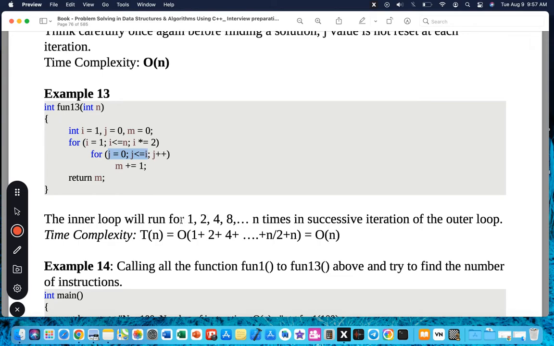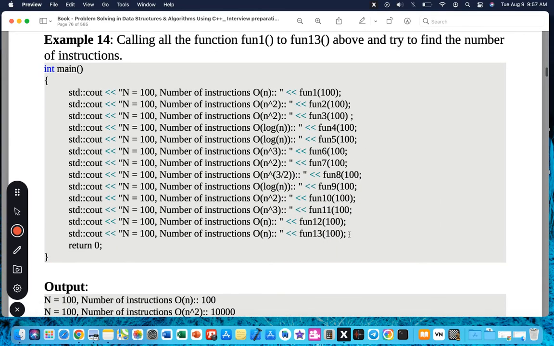The inner loop will run for 1, 2, 4, 8 because it doubles, n times over the successive iterations of the outer loop. Time complexity is 1, 2, 4 and so on, plus n. All right, so it's a linear function.